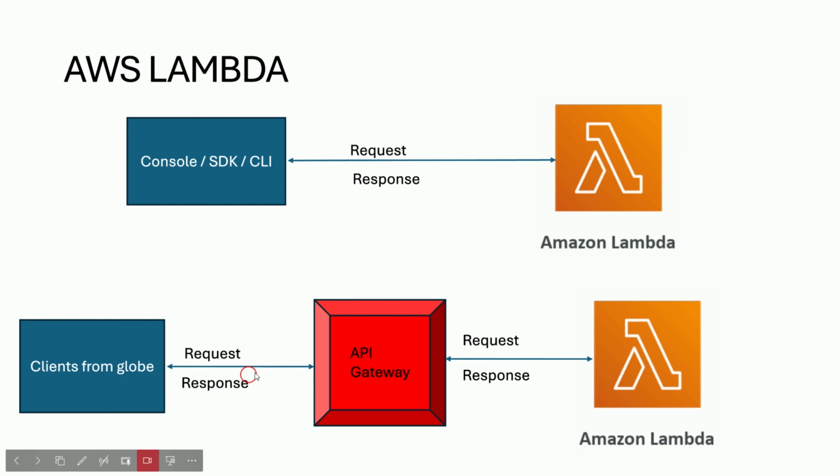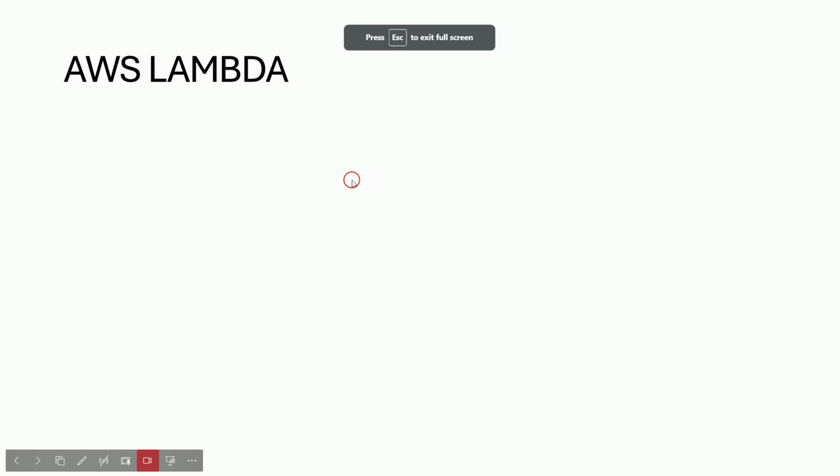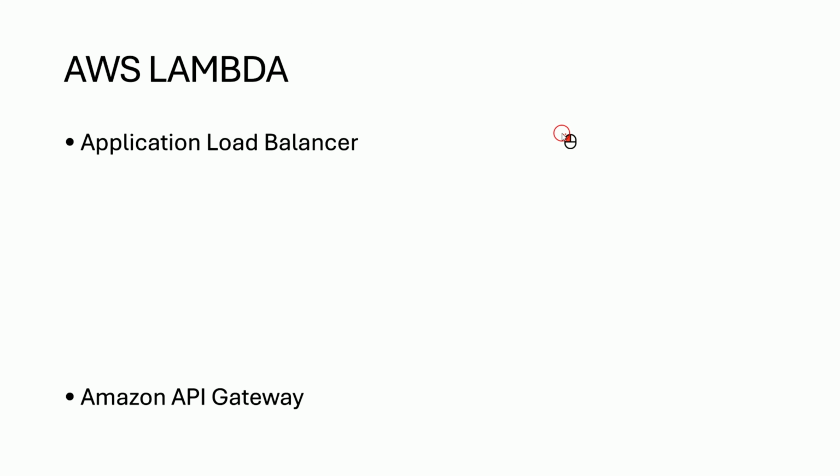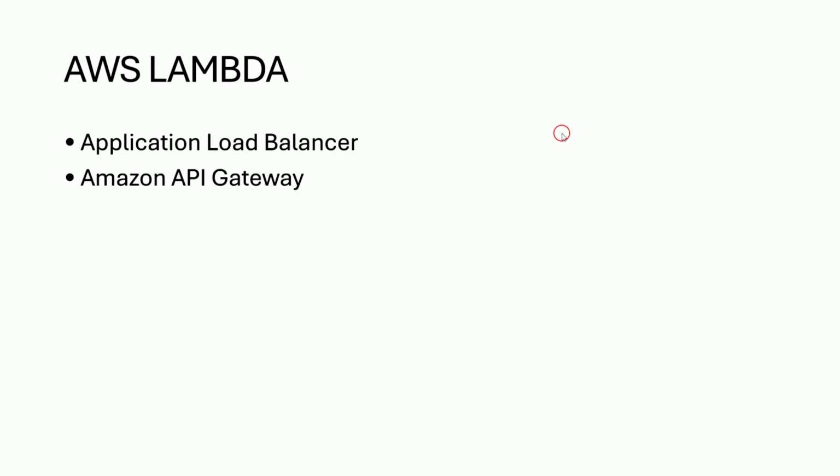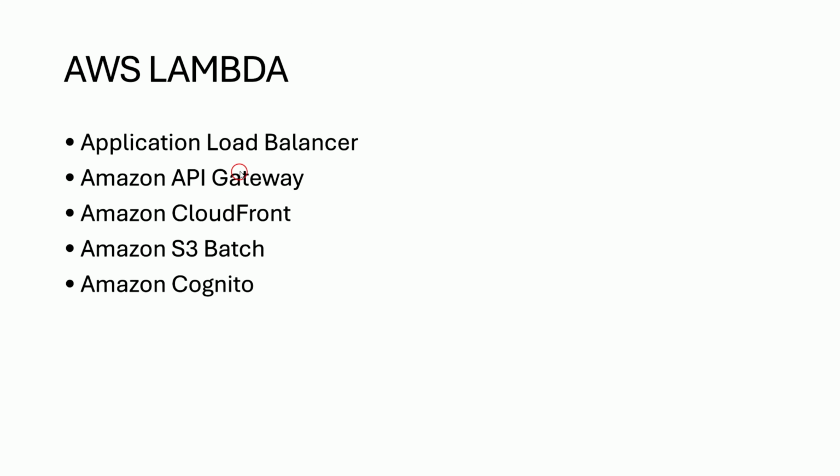So that's about synchronous. And now we'll see a few of the services which are used for doing synchronous invocation on Lambda. So we have Application Load Balancer, API Gateway, and CloudFront. We can also use Amazon S3 Batch. These are usually called user invoked services, right?